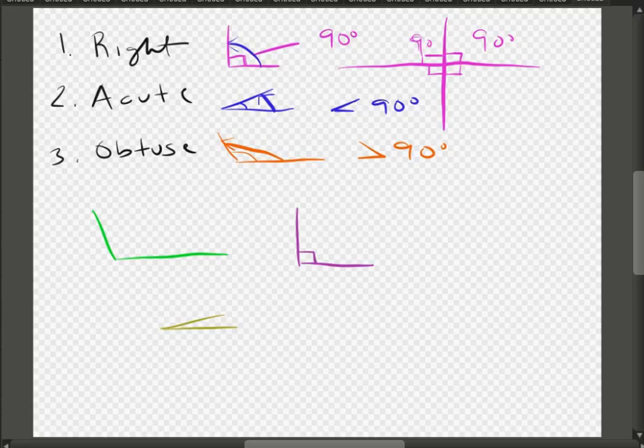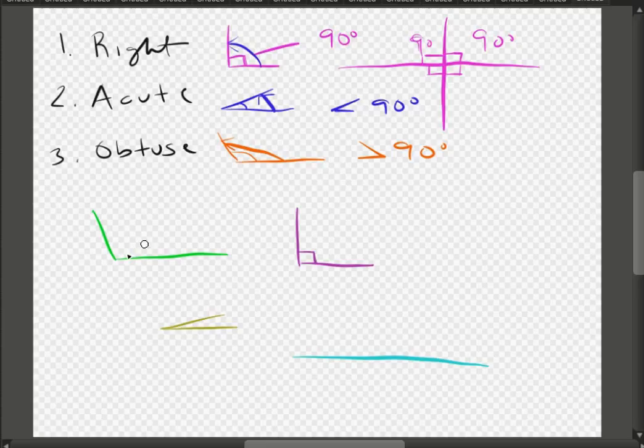You know what? Let's throw in a cool, tricky question in there as well. What do you think a straight line would be? Right, acute, or obtuse? Now take a minute, pause this video, and try to identify which angles are right, which angles are acute, which angles are obtuse.